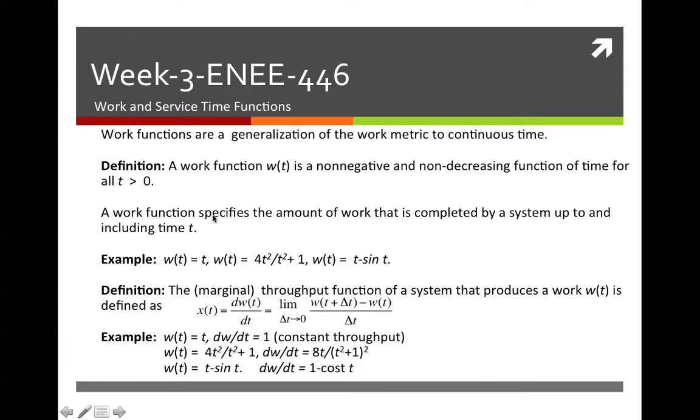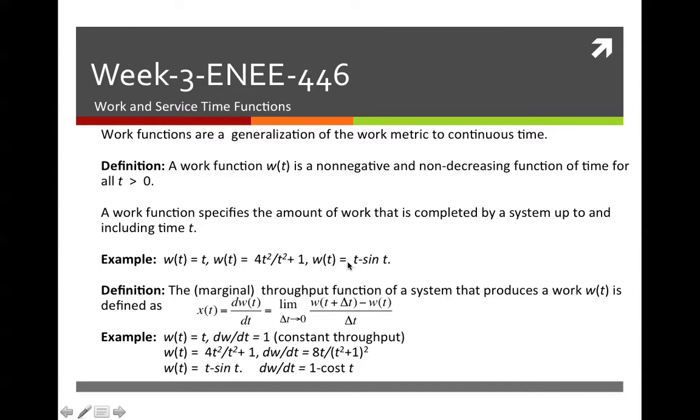So as this statement here indicates, a work function specifies the amount of work that is completed by a system up to and including time t. So here are some examples, like W(t) is equal to t, or W(t) is equal to 4t squared over t squared plus 1, and W(t) is equal to t minus sine t.